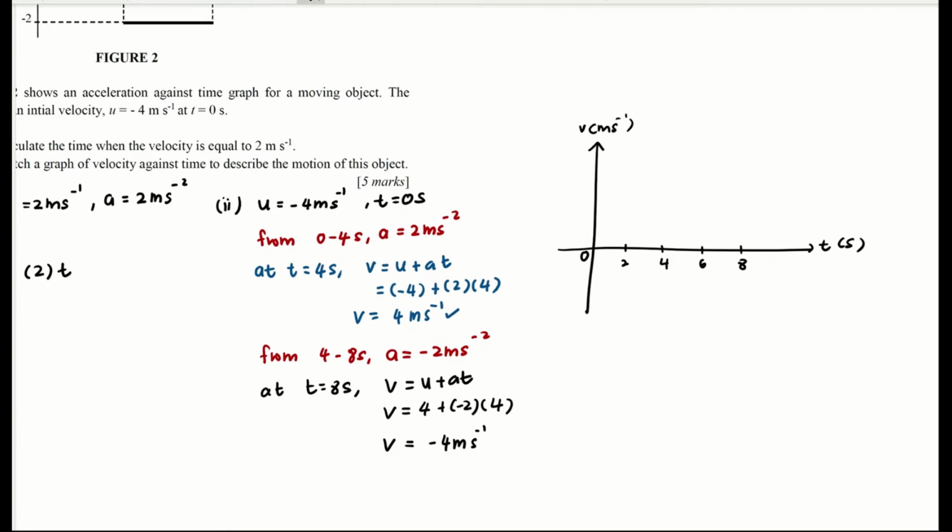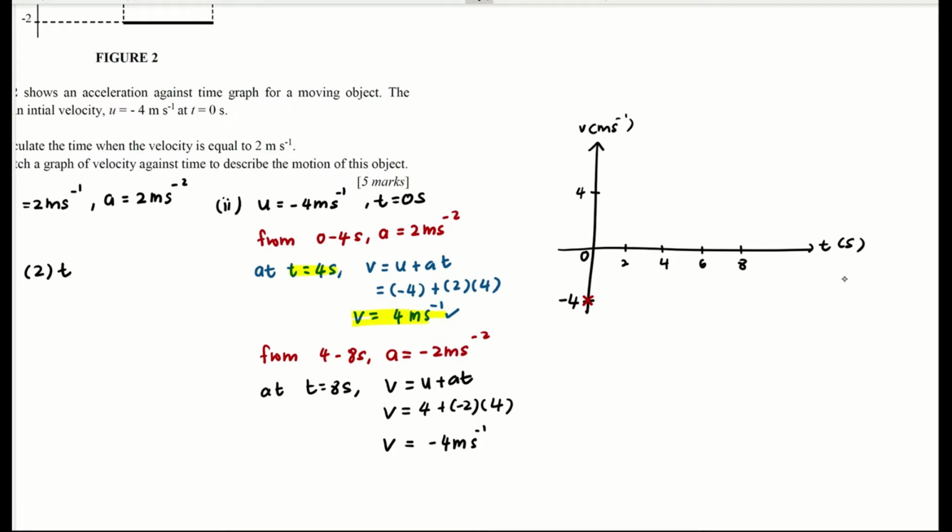Okay, so the initial velocity starts from -4. Alright, so let's say here is -4, and this is 4 seconds. At t equal to 0 seconds, the initial velocity is -4. And then at t equal to 4 seconds, what we calculated earlier, v is 4 meters per second.